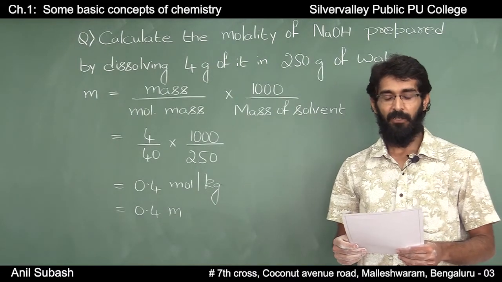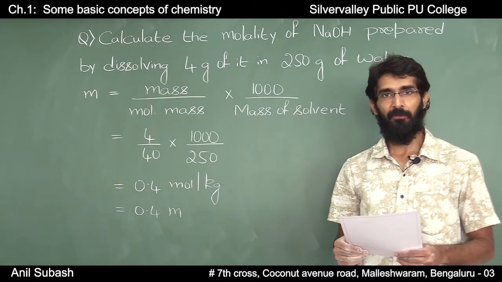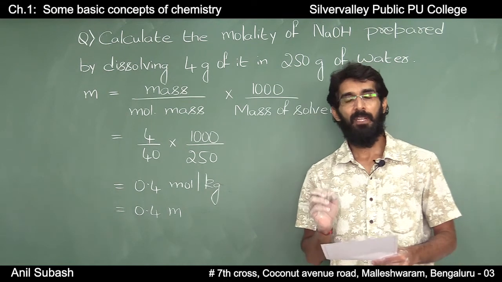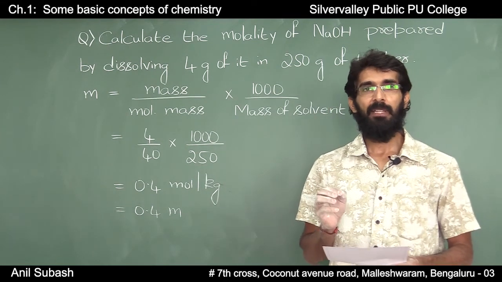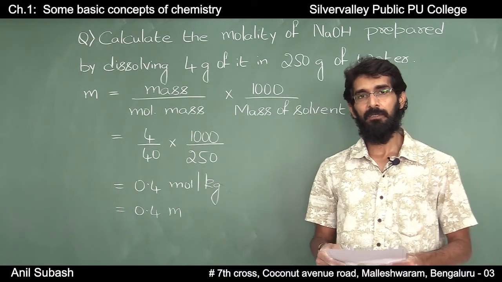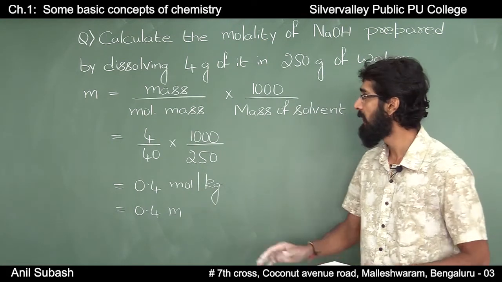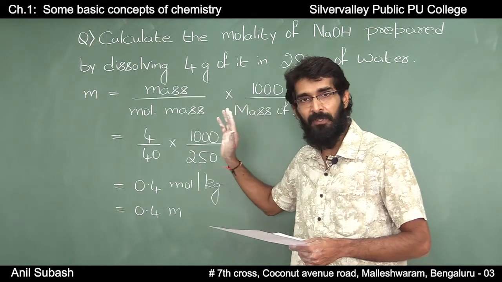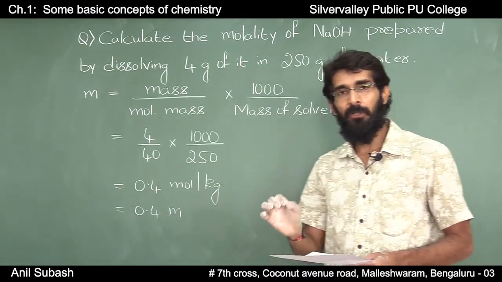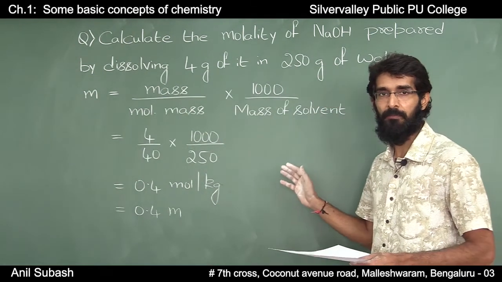Calculate the molality of NaOH prepared by dissolving 4 gram of it in 250 gram of water. We all know that the formula to calculate molality is mass by molecular mass into 1000 divided by mass of the solvent. Mass of NaOH is given, mass of the solvent is given, and we know the molar mass of NaOH.